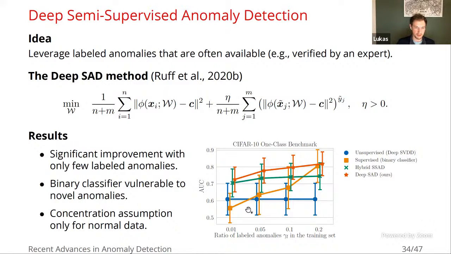And the idea behind the Deep SAD method is, by penalizing points inversely to be away or outside of the sphere, to not impose any concentration assumption on the anomalies, so that they don't have to have similar structure.